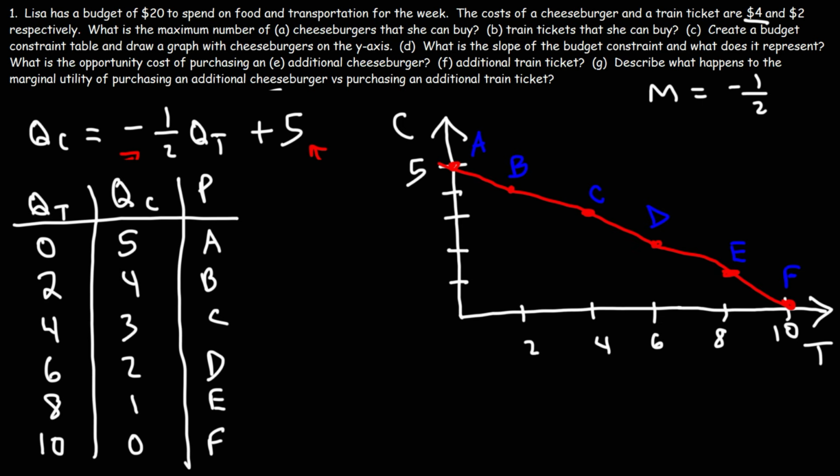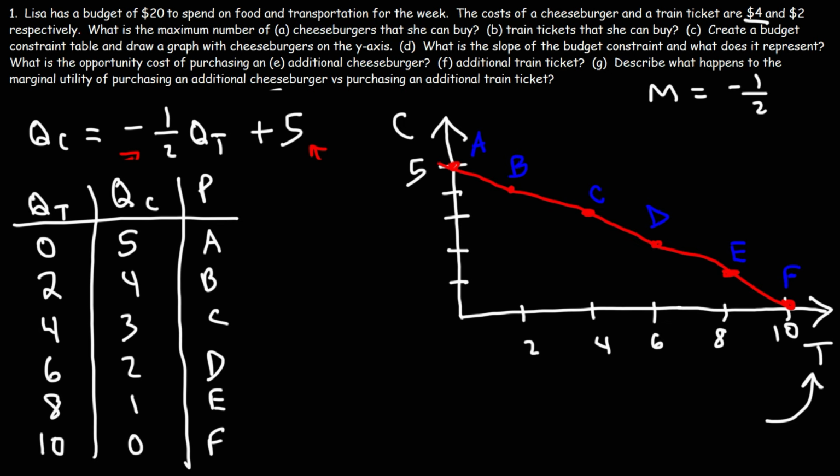It's going to be the opportunity cost of the item on the x-axis. So that is the opportunity cost of purchasing a train ticket. Now let's talk about what opportunity cost represents. The opportunity cost represents the value of what you give up in exchange for acquiring another item that you desire.